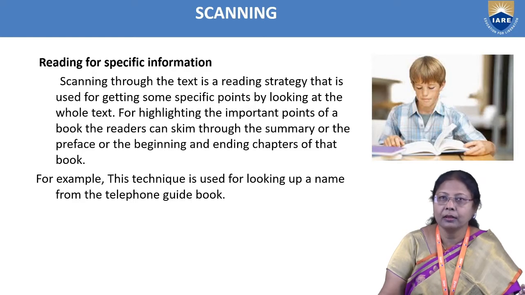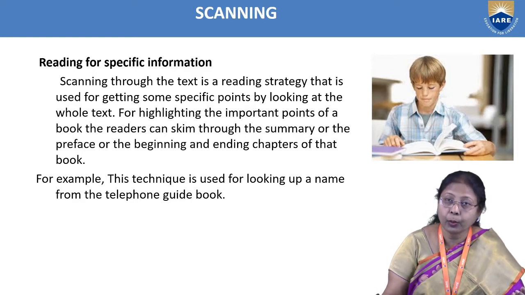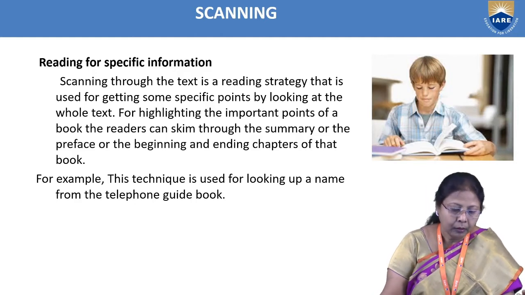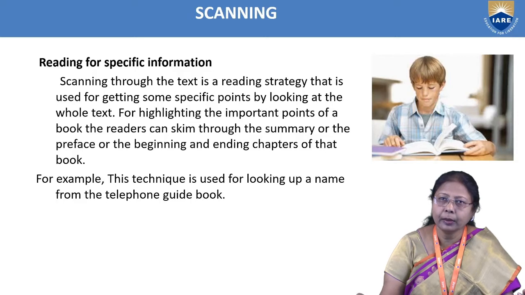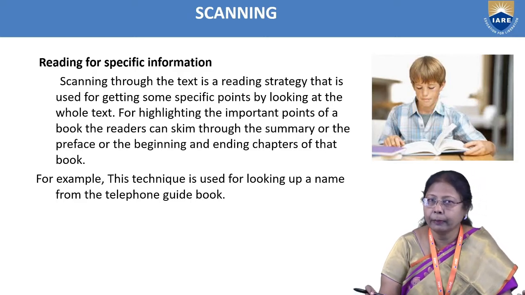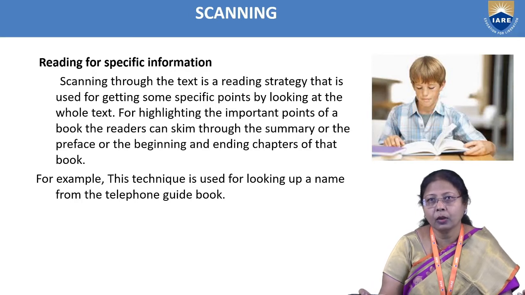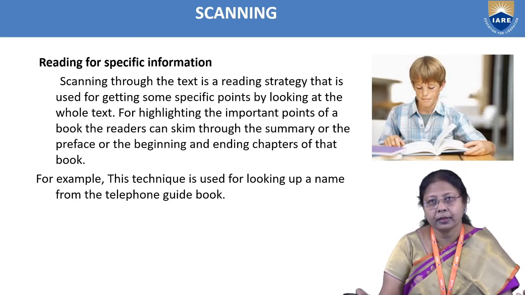Scanning through the text is a reading strategy that is used for getting specific points by looking at the whole text. So, for highlighting an important point of a book, the reader skims through the summary or a preface or the beginning and ending of the chapters of that book.